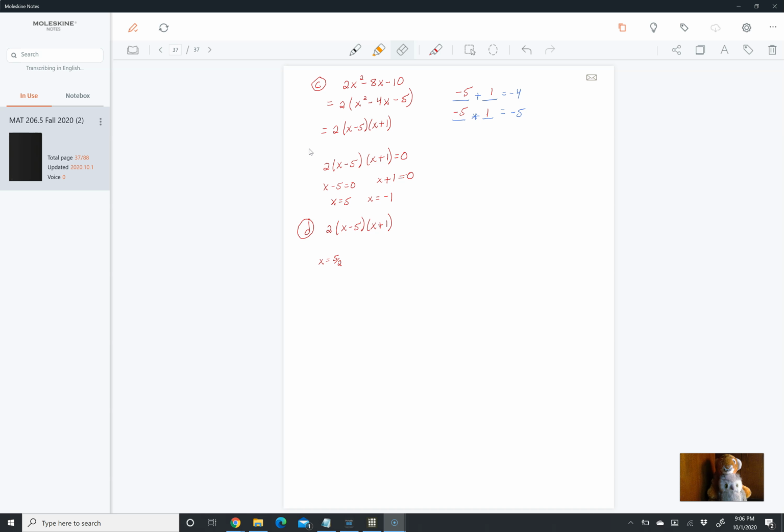Now some of you are setting it equal to 0, and the way that you're doing it is you're just subtracting 5/2. You can do that, but typically with our polynomials, we don't want fractions. So what you want to do is multiply by 2 first.